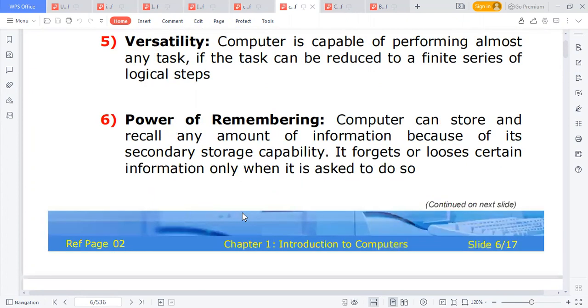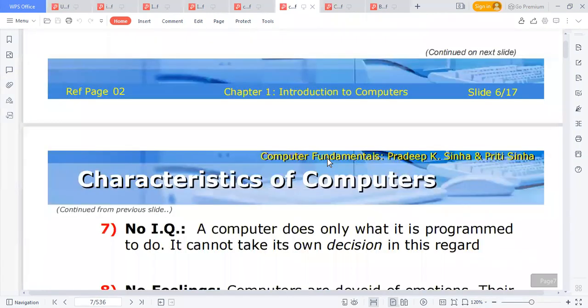Now another important characteristic, power of remembering, that means memorizing. A computer can store and recall any amount of information because of its secondary storage capability. It forgets or loses certain information only when it is asked to do so. So power of remembering is a very important characteristic.